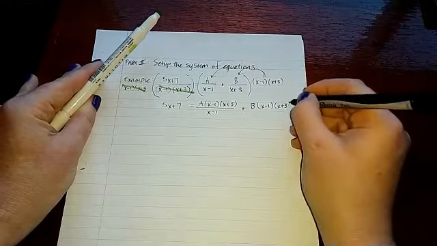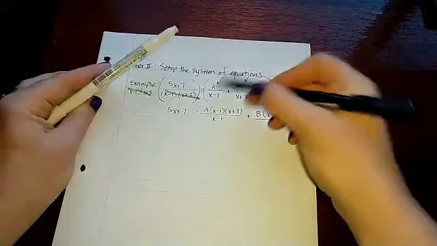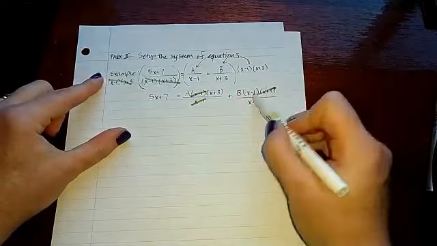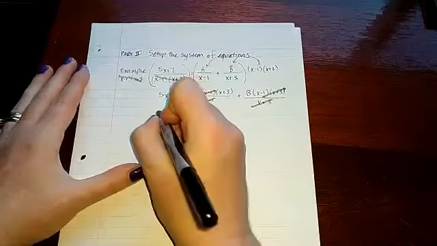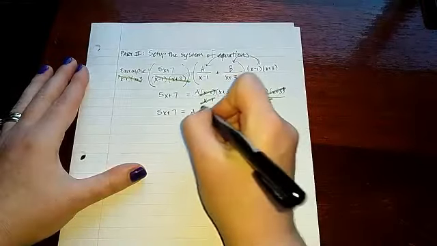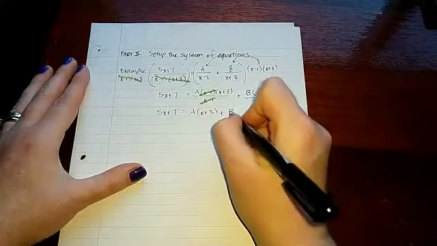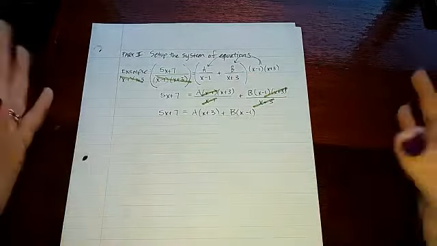This distributes, and then individual factors cancel. So I'm left with 5x plus 7 equals A times x plus 3 plus B times x minus 1. No more fractions.